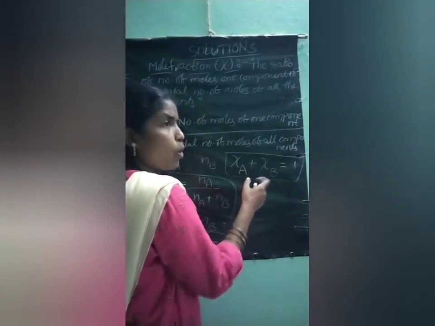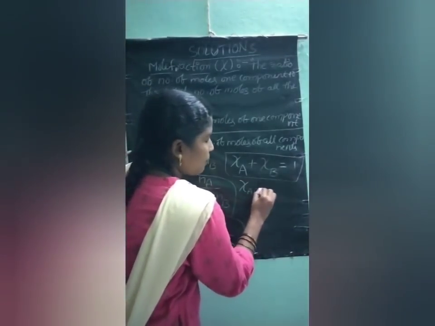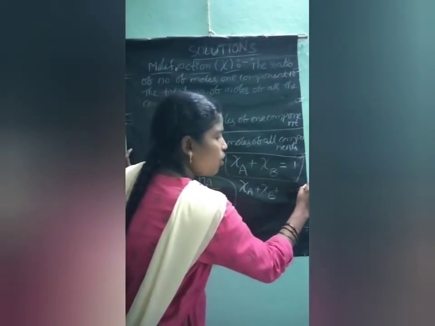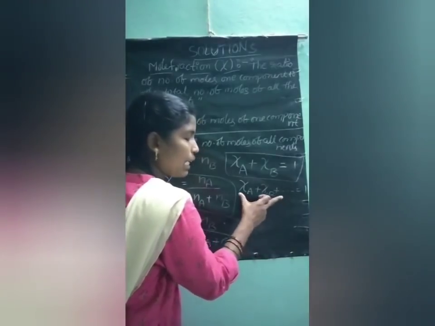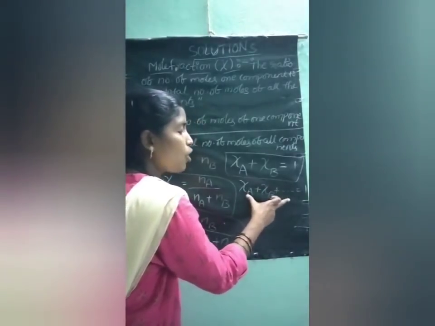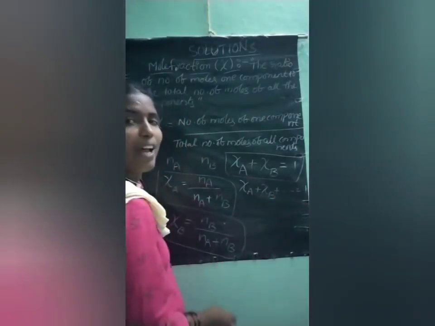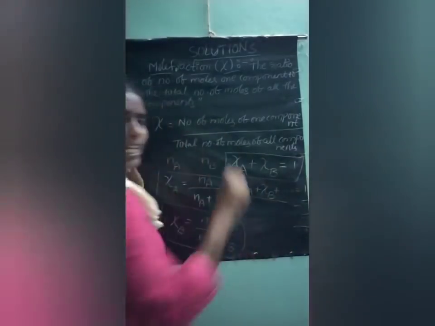If you are taking more than 2, that means chi of A plus chi of B plus chi of C and so on is always 1. So the sum of the mole fractions of the solutions is always equal to 1. So it is very important.